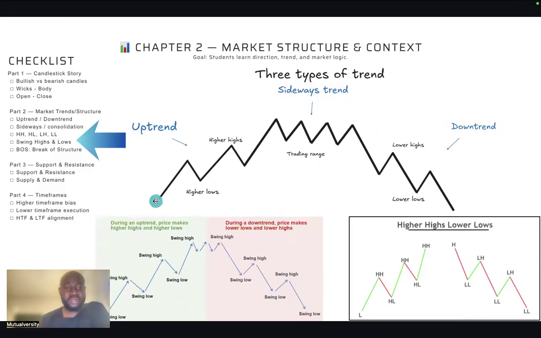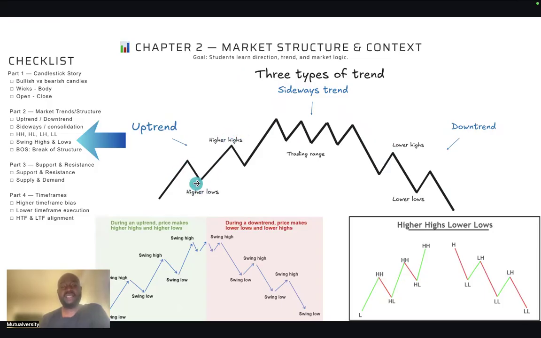As the market moves in an uptrend, it creates a zigzag pattern, because price is not just going to move in a straight line. It's going to create patterns, and most of them are uptrend zigzag patterns, sideways zigzag patterns, or downwards zigzag patterns.